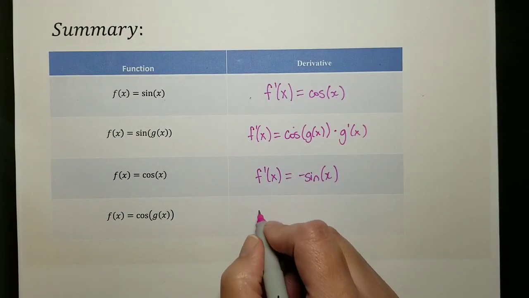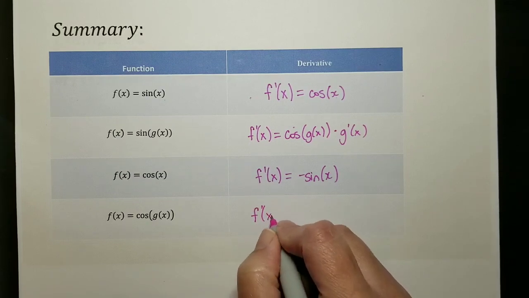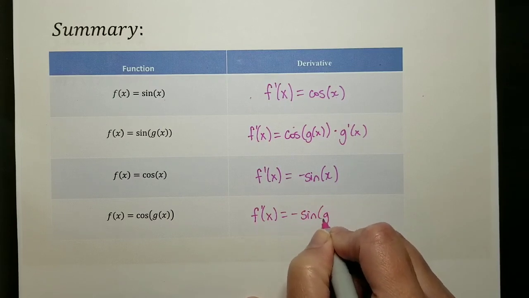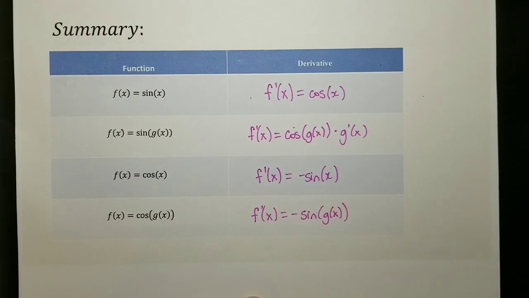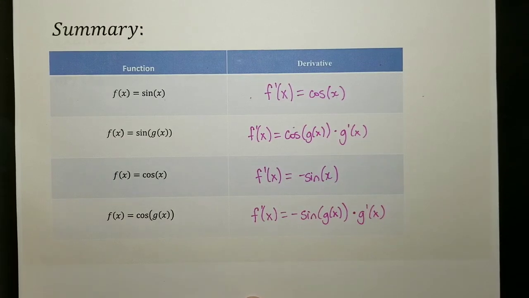And for a composite function with cos of some function, you'd have the derivative as negative sine of that same function. You keep the same stuff inside times the derivative of the inside stuff. And that'll make more sense when we see some examples.